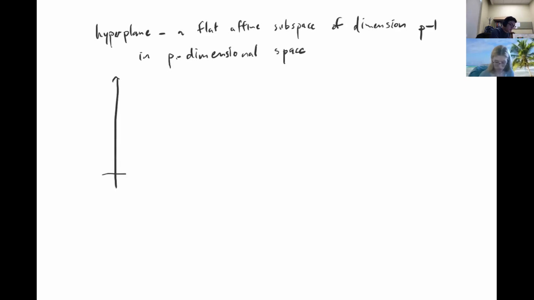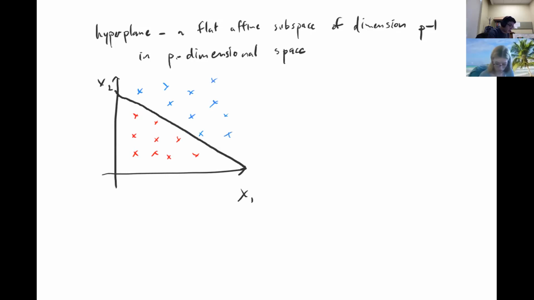Don't worry too much about the formal definition. Let's draw some points. This is a hyperplane.